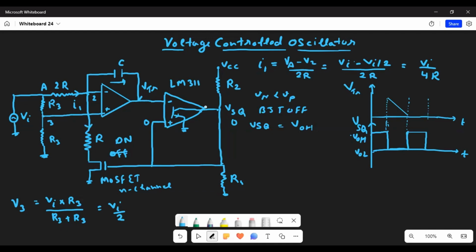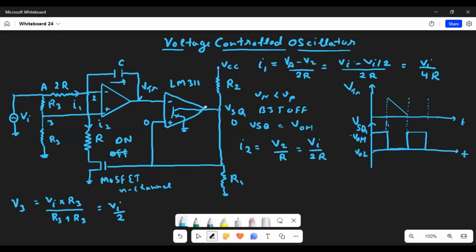So there will now be current flowing through resistance R. If we calculate this current, let's say I2, it will be I2 equal to V2 upon R, and we know V2 was Vi upon 2R.